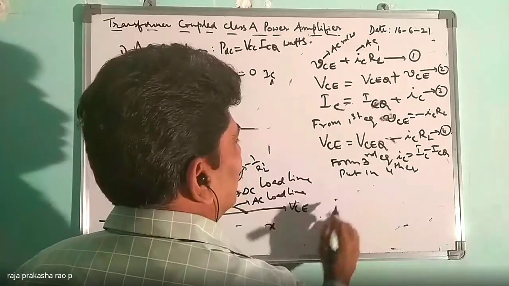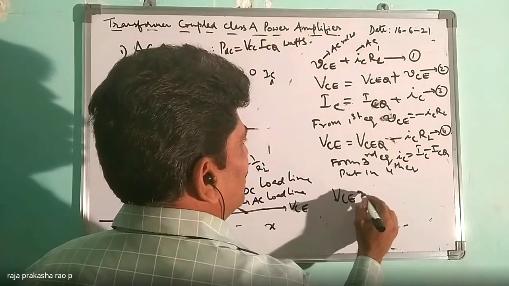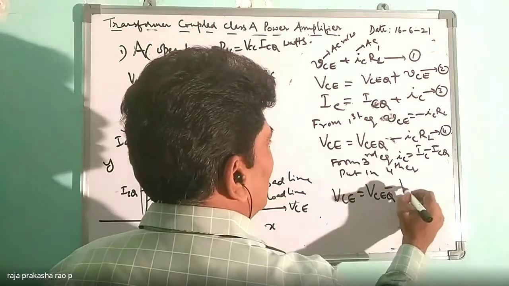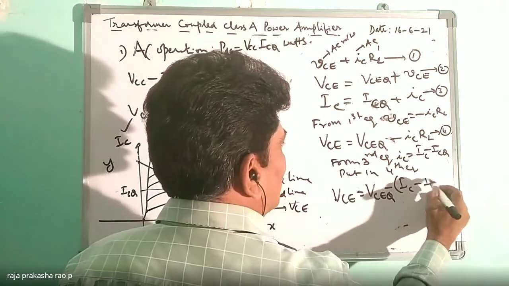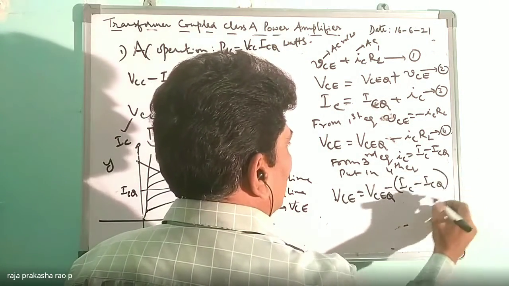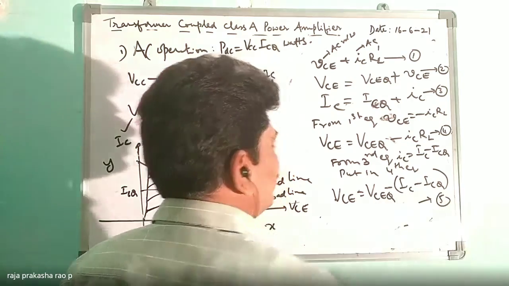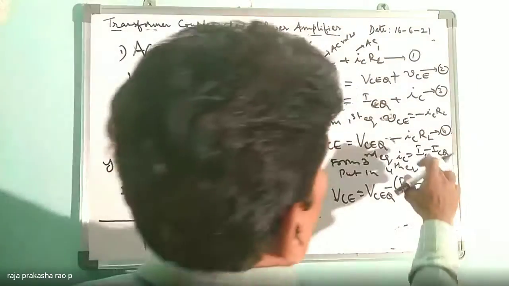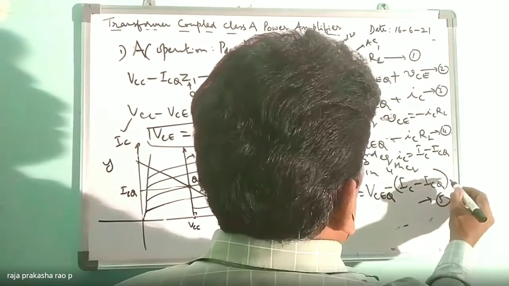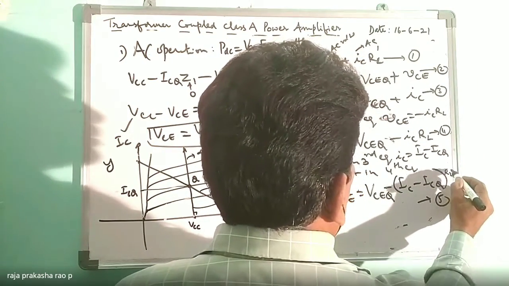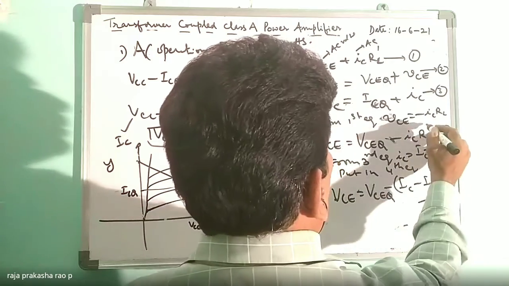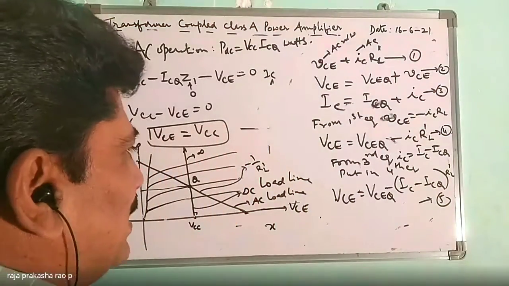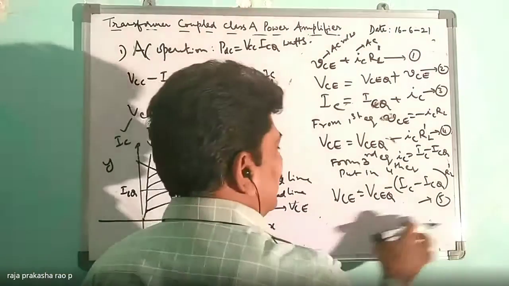Then you will get VCE is equal to VCEQ minus (IC minus ICQ) into RL dash. This is the fifth equation. RL dash is there, no? I forgot that RL dash. This is the equation of the load line, the AC load line.